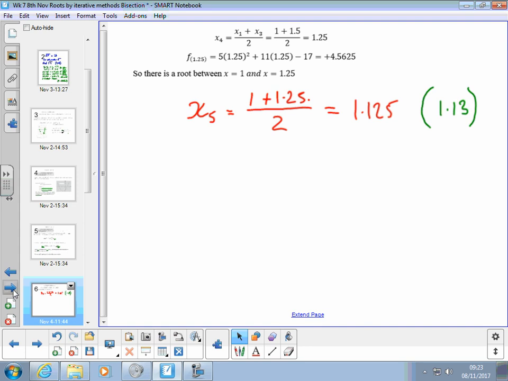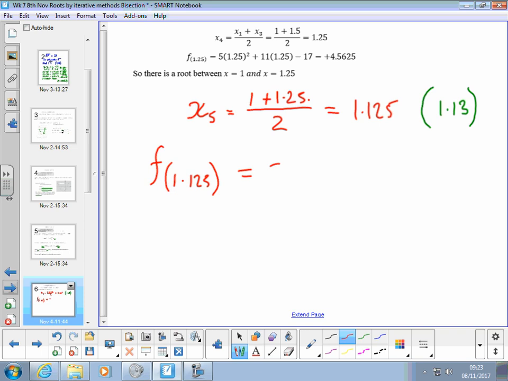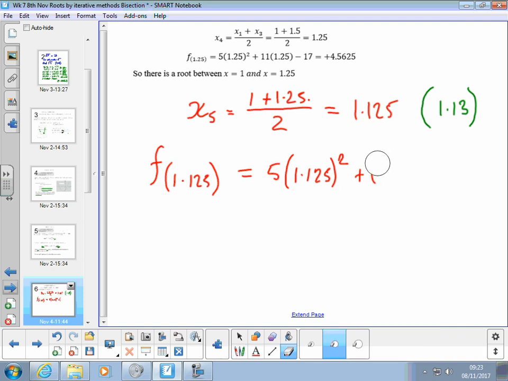So we put that value in the function. The function at 1.125 is equal to 5 times 1.125 squared plus 11 times 1.125, minus 17.